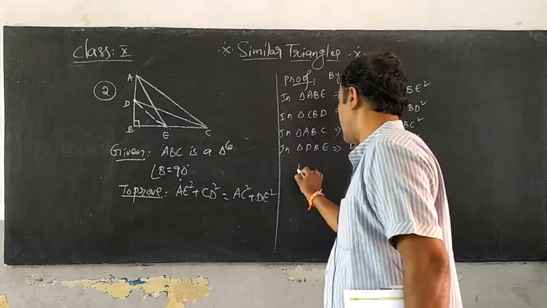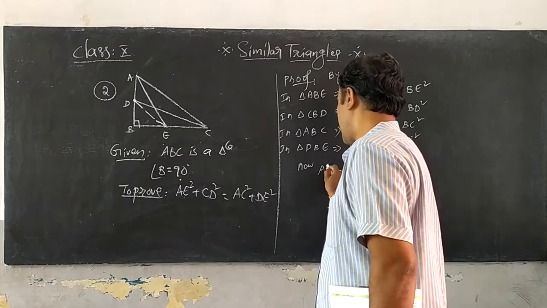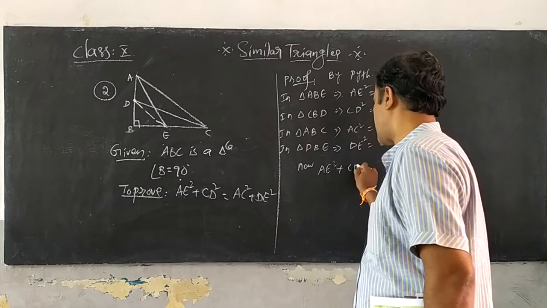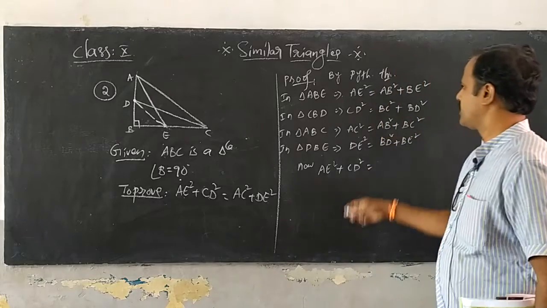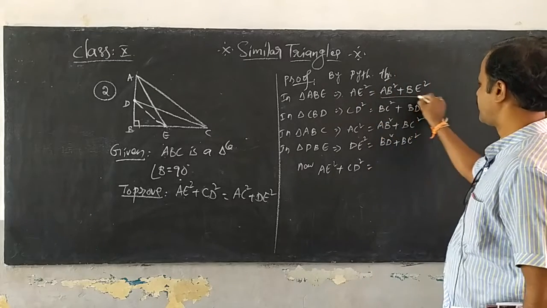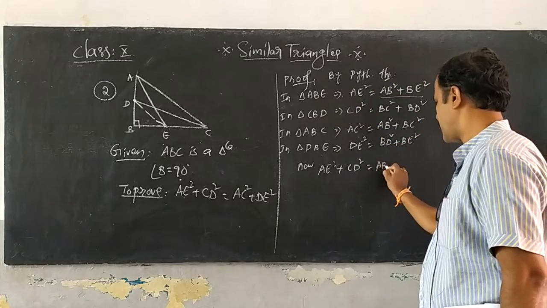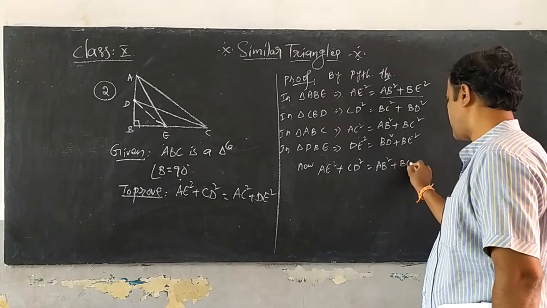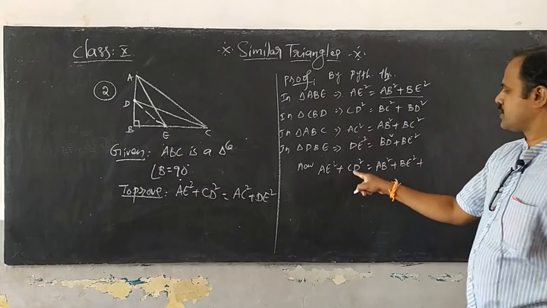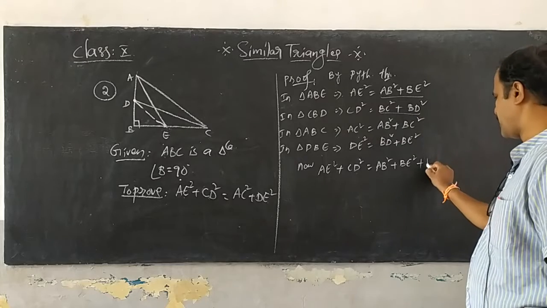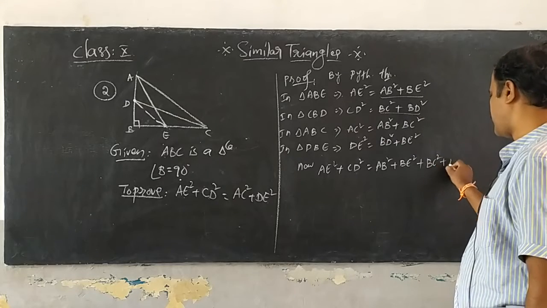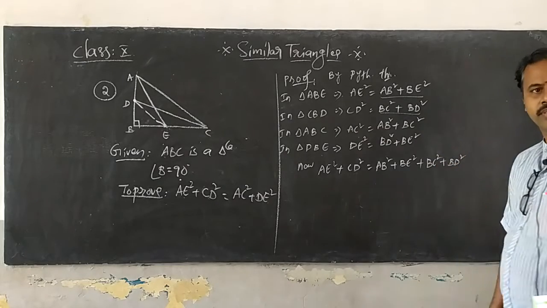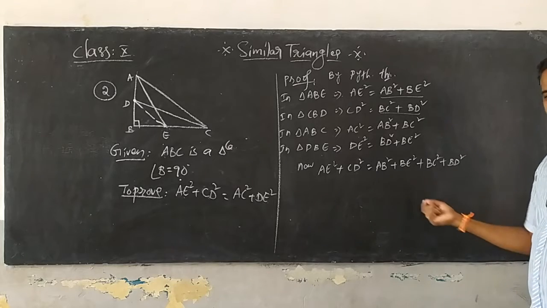Now AE square plus CD square is equal to AB square plus BE square, and CD square is BC square plus BD square. Now let us make a small arrangement.